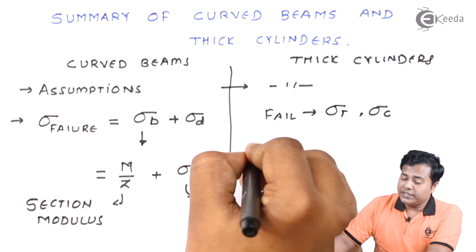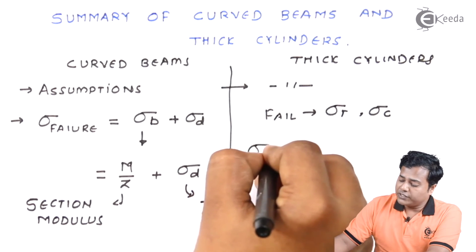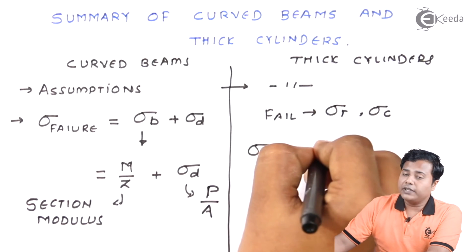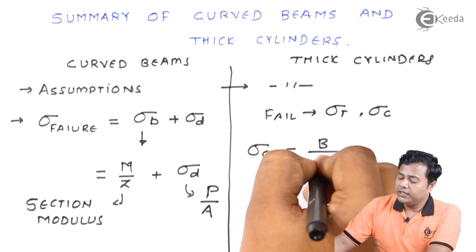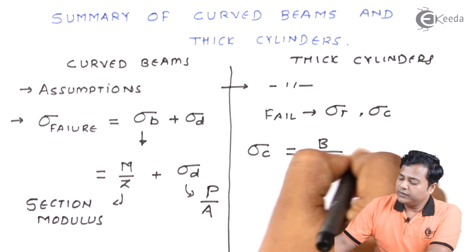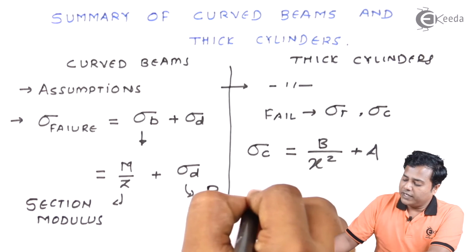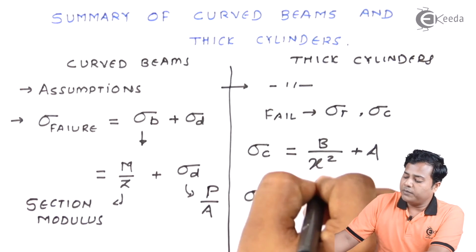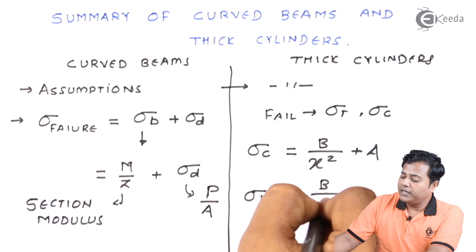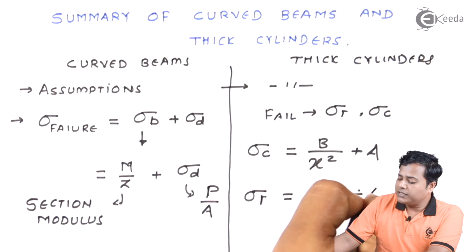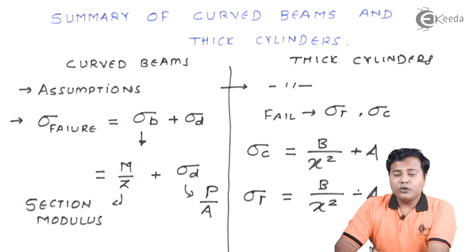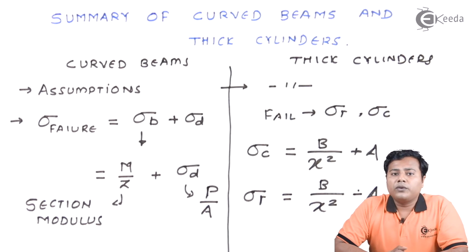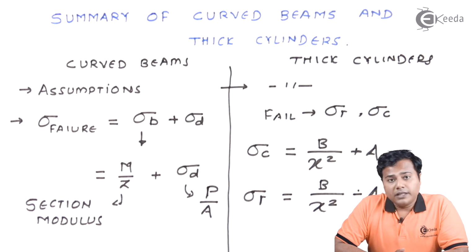So Lami's equation says that the circumferential stress is given in terms of the factor B divided by radius square plus the factor A, whereas the radial stress is given by factor B divided by radius square minus factor A. So using this formula and these techniques, we could solve the problems of curved beams and thick cylinders.